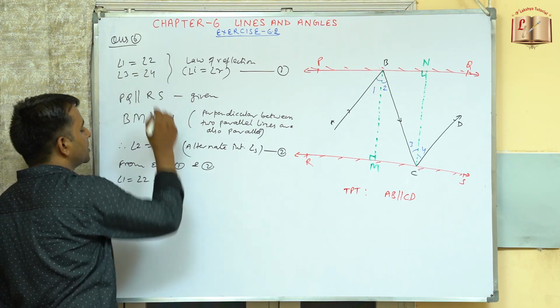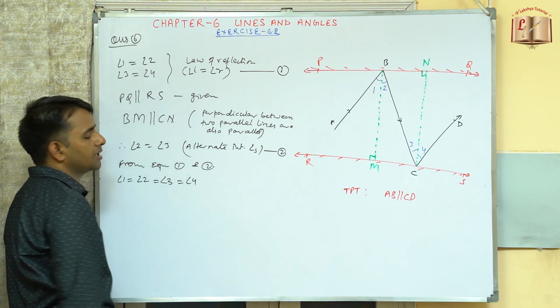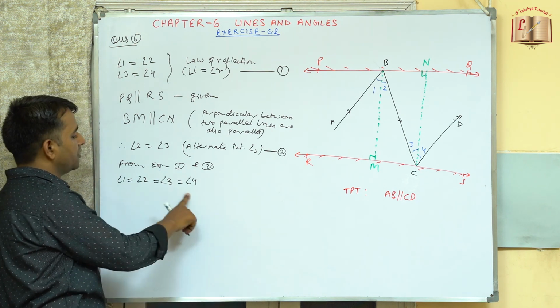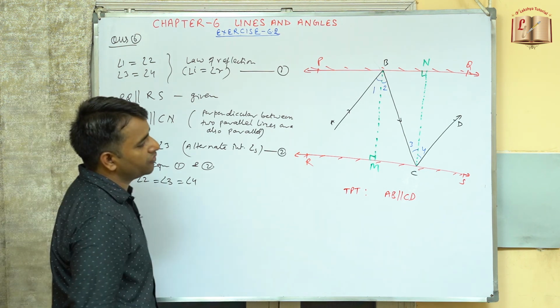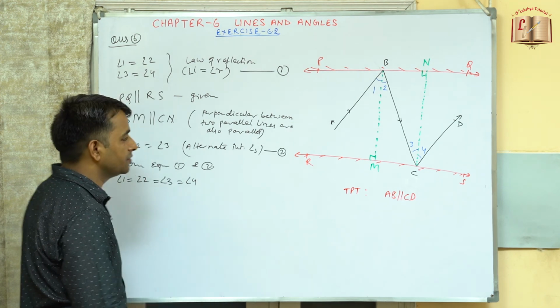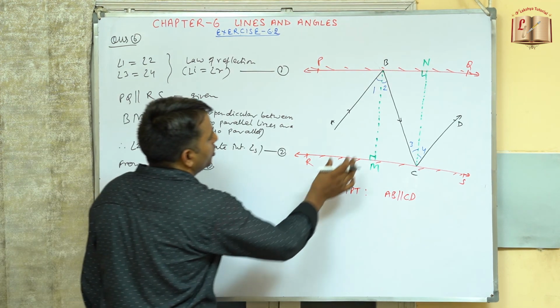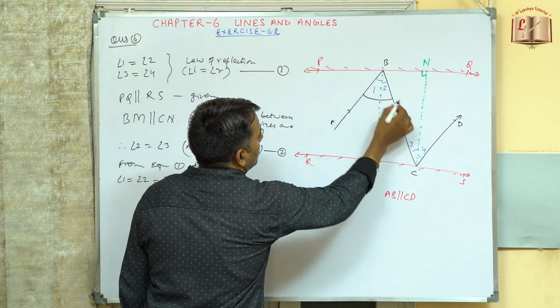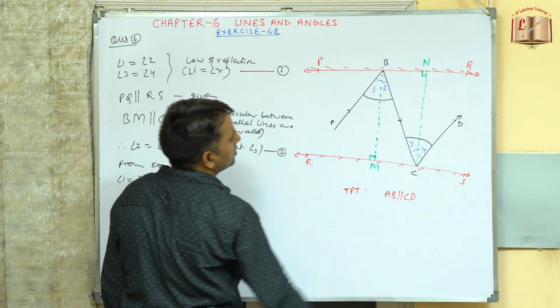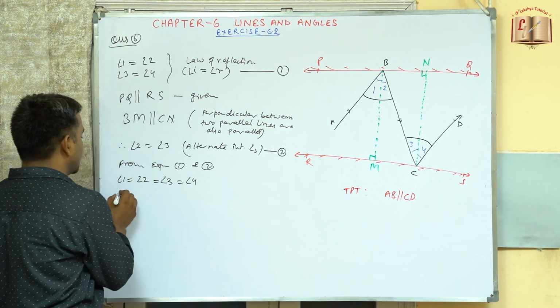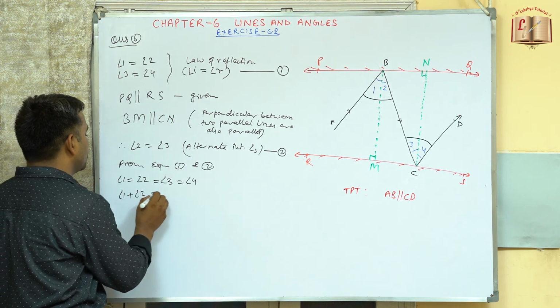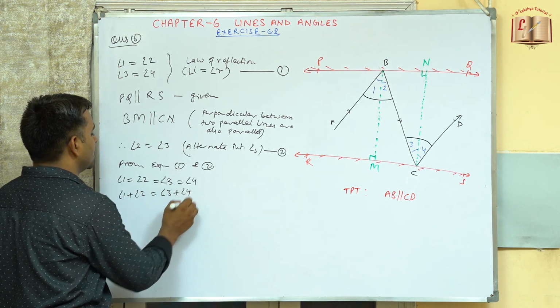Now angle 3 is equal to angle 4. So now from here we got that angles 1, 2, 3 and 4 are all equal. Therefore the sum of any two angles will be equal to the sum of the other two angles. So I can write angle 1 plus angle 2 will be equal to angle 3 plus angle 4.